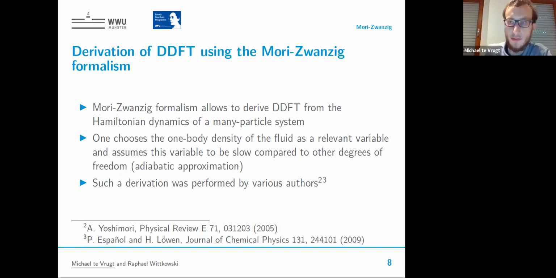And of course, one has to make the approximation I've discussed before, namely that the density is the only slow variable in the system, and this is what the adiabatic approximation is in this context. Such a derivation was performed by various authors, so the general idea was around already since 2000, I would say, but the two standard derivations of this type are from Yoshimori and from Español and Löwen.